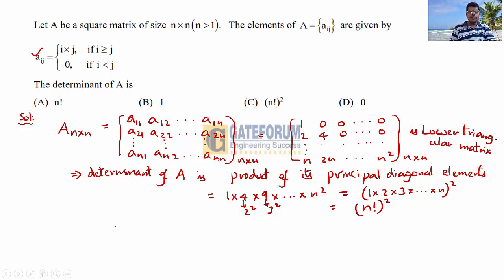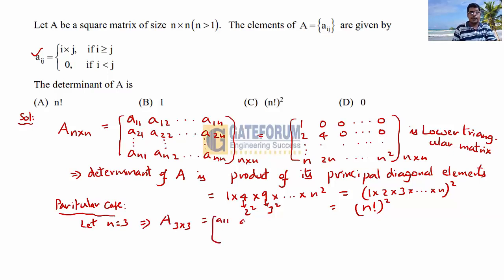If you feel difficulty, I will share a particular case. Let n be equal to 3. A 3 by 3 matrix containing 9 elements: A11, A12, A13, A21, A22, A23, A31, A32, A33.